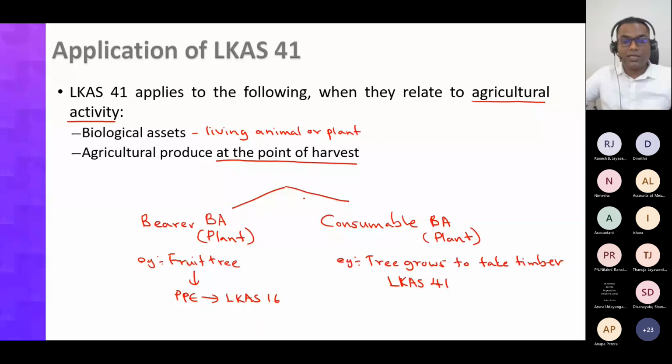But the consumable biological asset means you consume the particular plant itself. Tree grows to take timber. For that, what is applicable is LKS 41. The tree is measured under LKS 41, so you have to measure the tree at fair value less cost to sell. Okay, right.